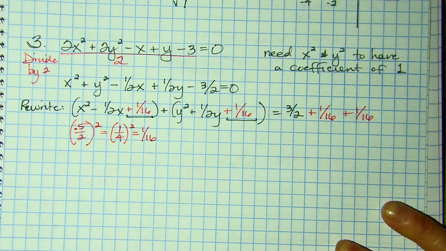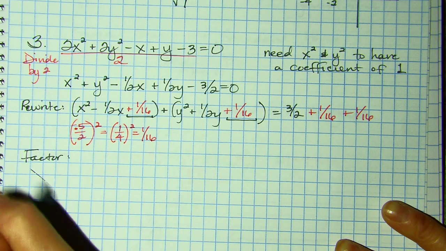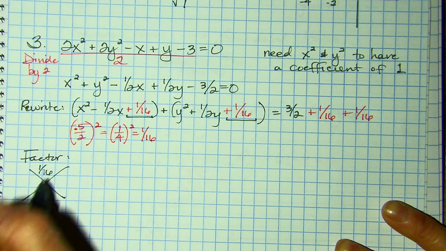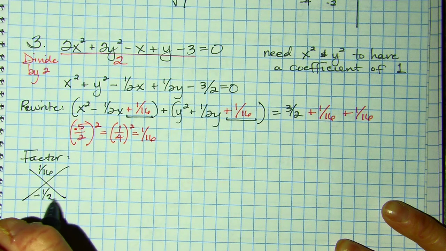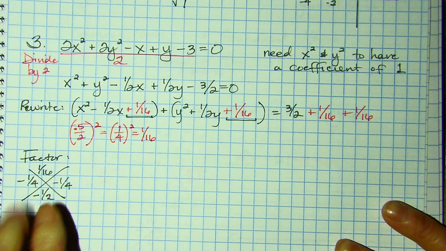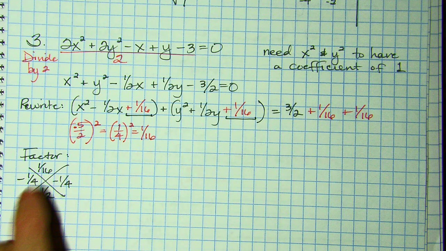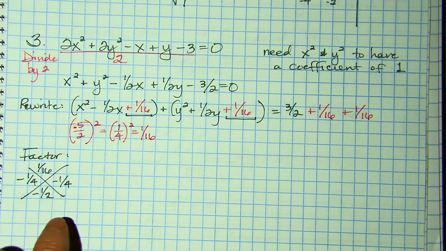So now I'm going to factor. Now if I have 1/16 and a negative 1/2, then it would be negative 1/4 and negative 1/4. Because if I multiplied them, I'd get a positive 1/16. And if I added them, I'd get a negative 1/2.